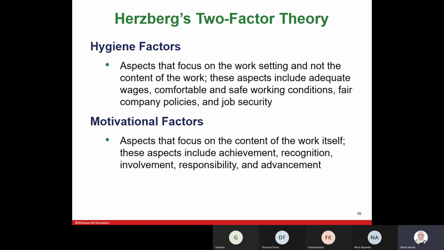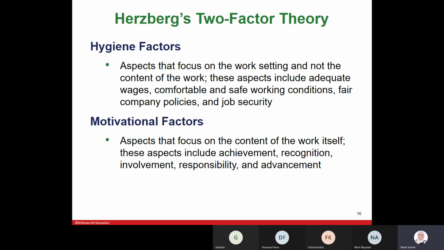We have the work settings. القوانين الداخلية طبعا اللي هي البايلوز، البوليسيز، عندنا work environment, pleasant work environment and safe work environment, the relationship between co-workers, the relationship with superiors, the relationship with subordinates. These are factors and aspects that focus on the work settings, not the work content.